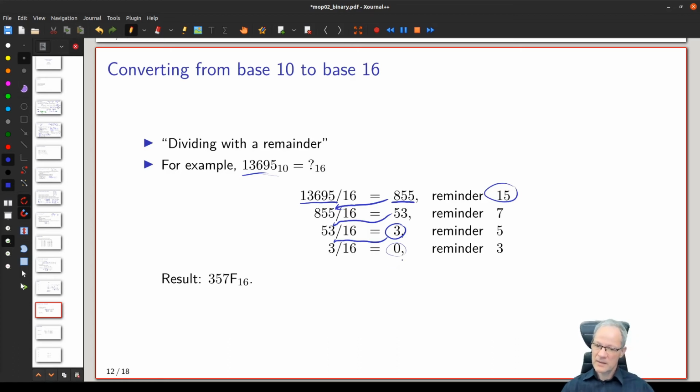And then once we have done that, then we just write down these digits, 3, 5, 7, and this is actually F, in that order to get the actual hexadecimal number, right? So it's 3, 5, 7, F in hex. Right? Just as the result is here.